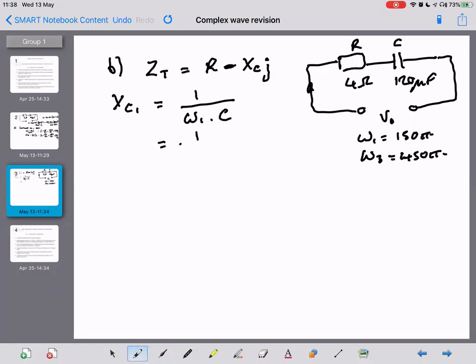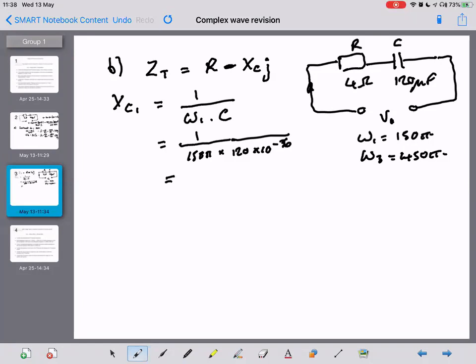So that's 1 over 150 pi times 120 times 10 to the minus 6.